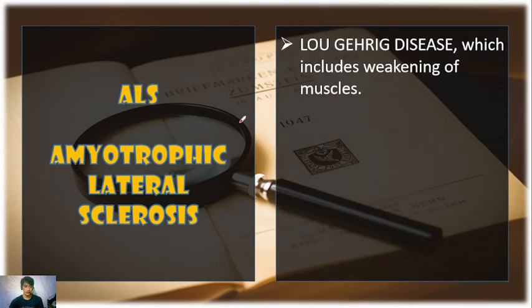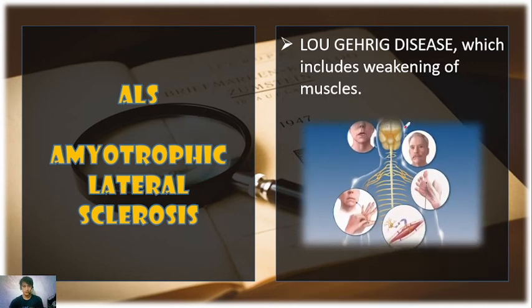And we have here the ALS, amyotrophic lateral sclerosis. This is also called in some medical terms Lou Gehrig disease. This condition includes weakening of the muscles.